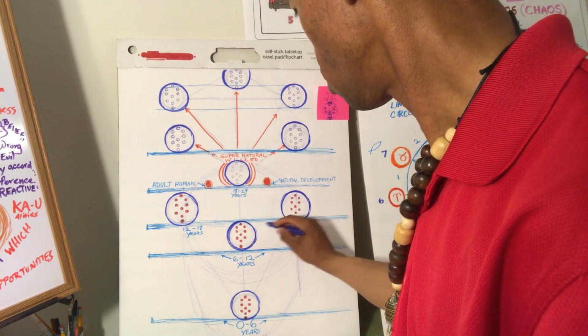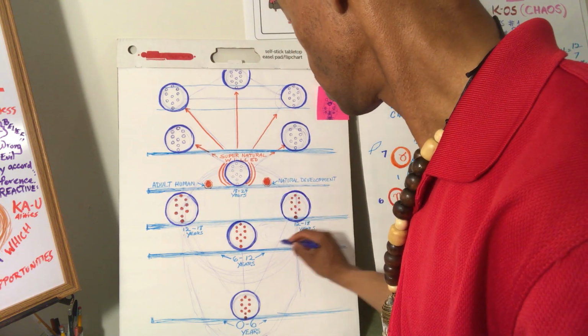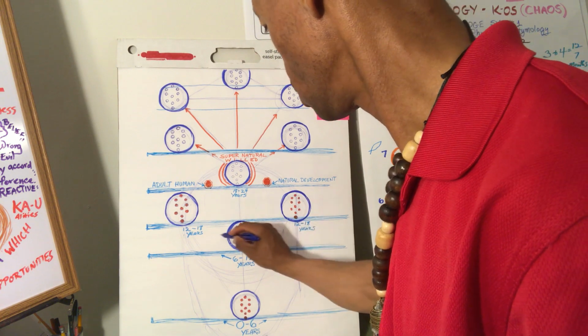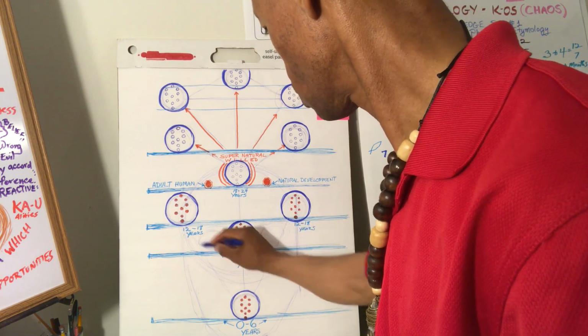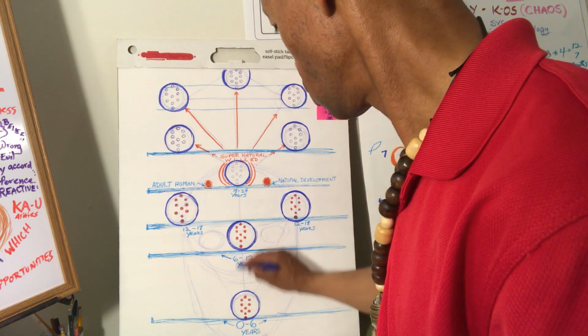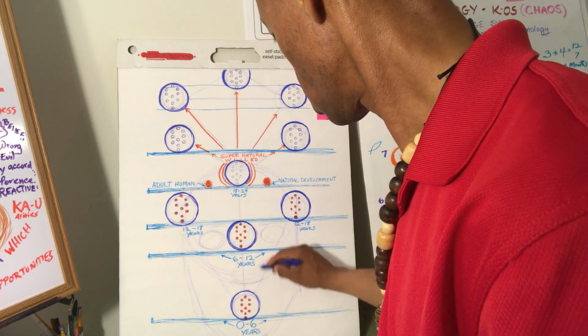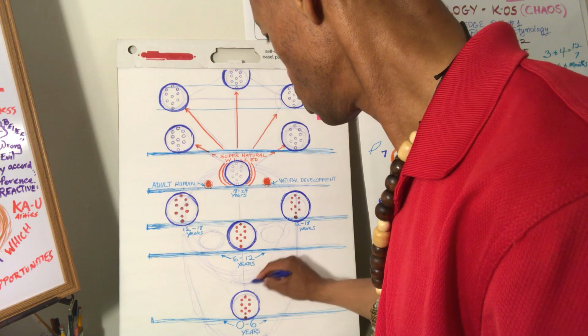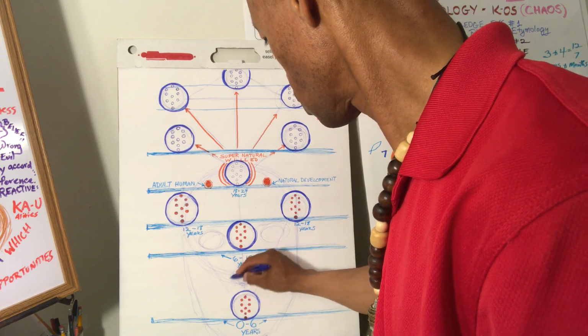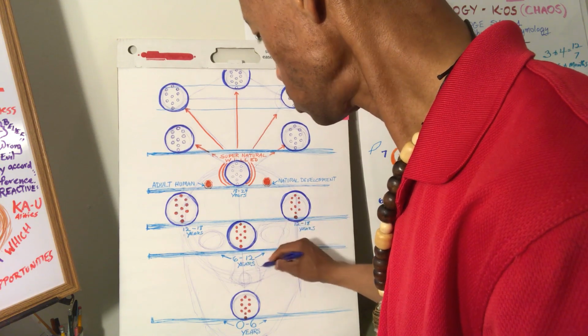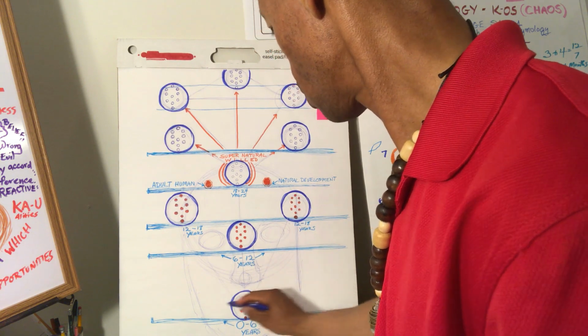Okay, we'll have the brows, we'll have the eyes in this area here. Okay, and then we'll have the nose here, and then of course the mouth.